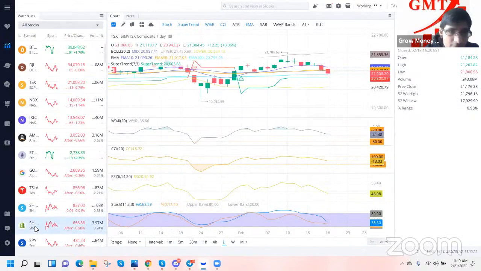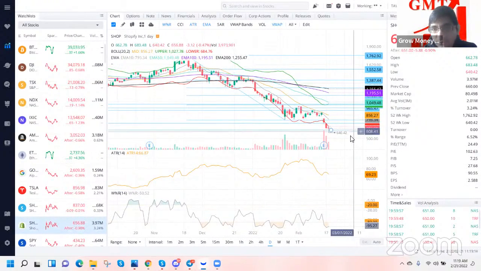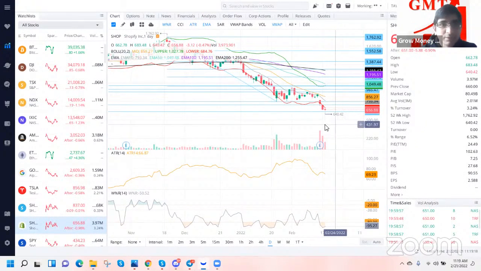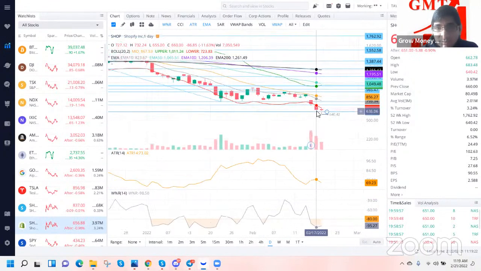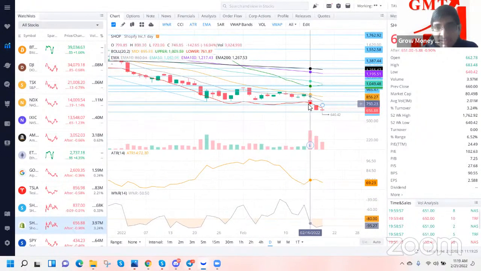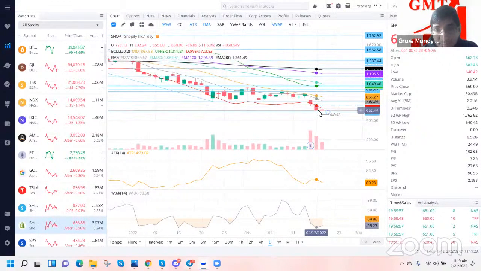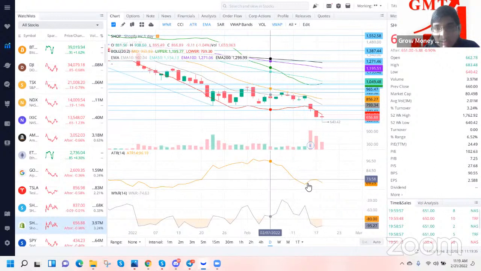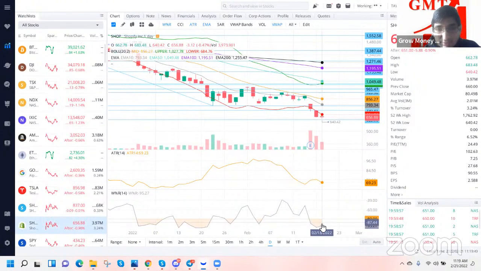We'll do the analysis of Shop on NYSE, although a similar analysis would apply on TSX as well. For Shop, if you look at the last 4 sessions after the earnings, it had a huge gap down, followed by 2 red days, and then the last session was a red doji. However, because of this red doji, we see Williams has reversed.